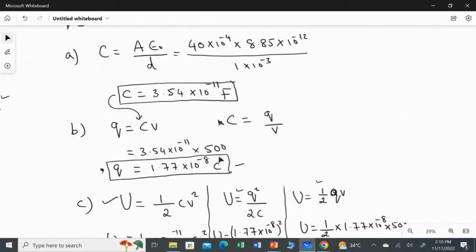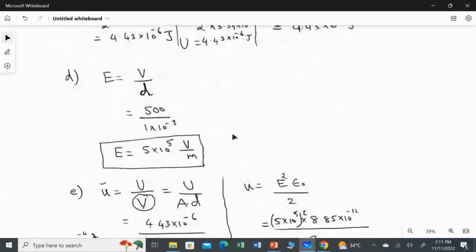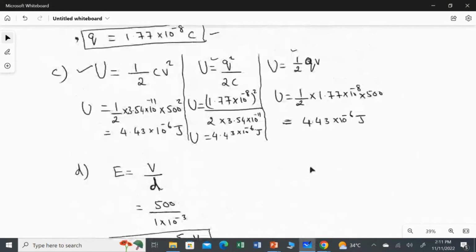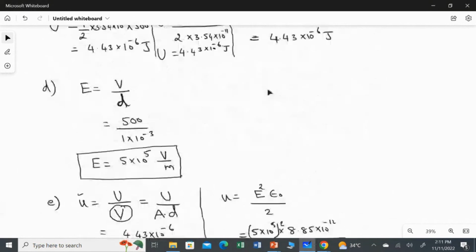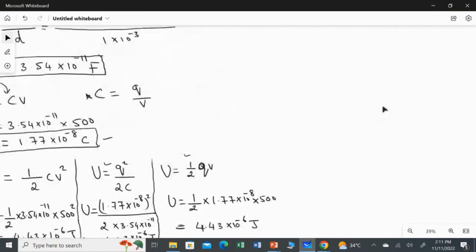Your second part will be wrong. If the second part is wrong, your third part will be wrong. And if your third is wrong, the last will be wrong, because the electric field we are using is volt over distance, which is already given in the question. So it's very easy. But parts A, B, C will affect the answer. Am I right? For the last part, E also. So please do your calculation properly.